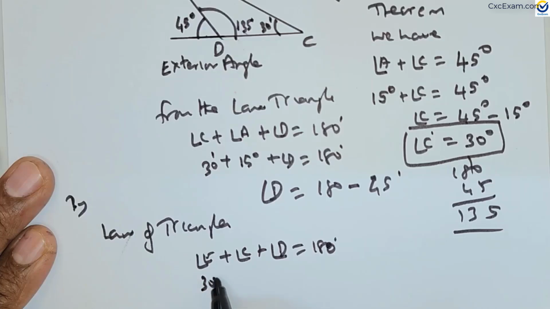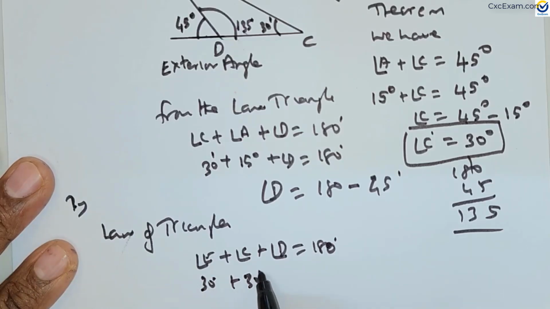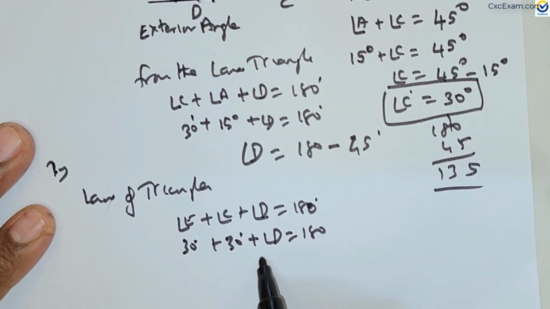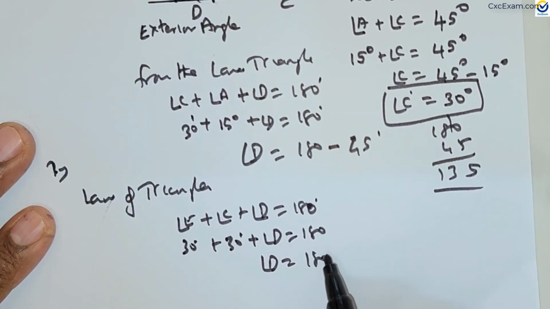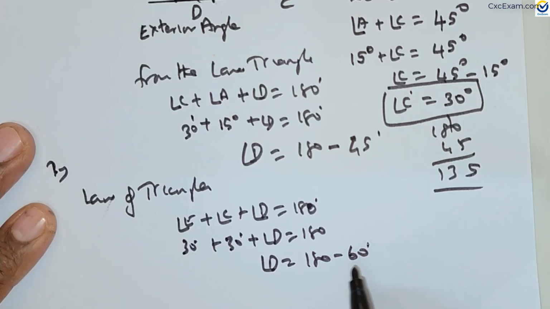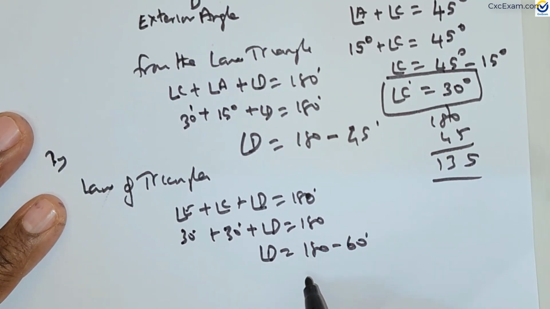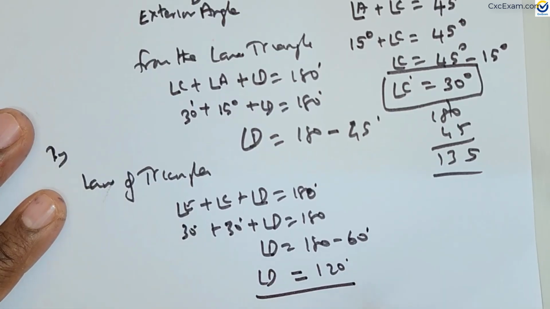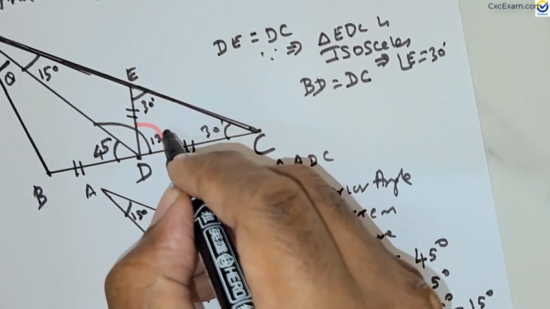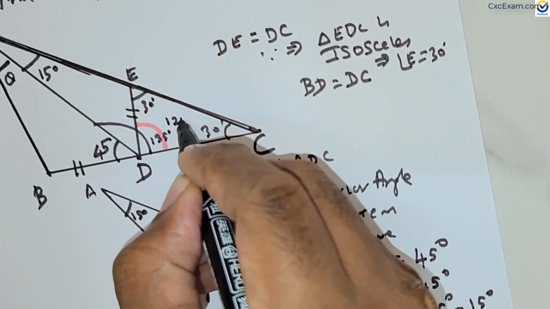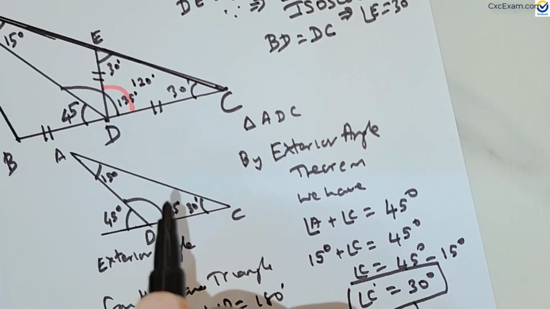Angle E is 30, angle C is 30, angle D we need to get. So angle D is 180 minus 60 degrees. This is going to be 120 degrees. So angle D is 120.